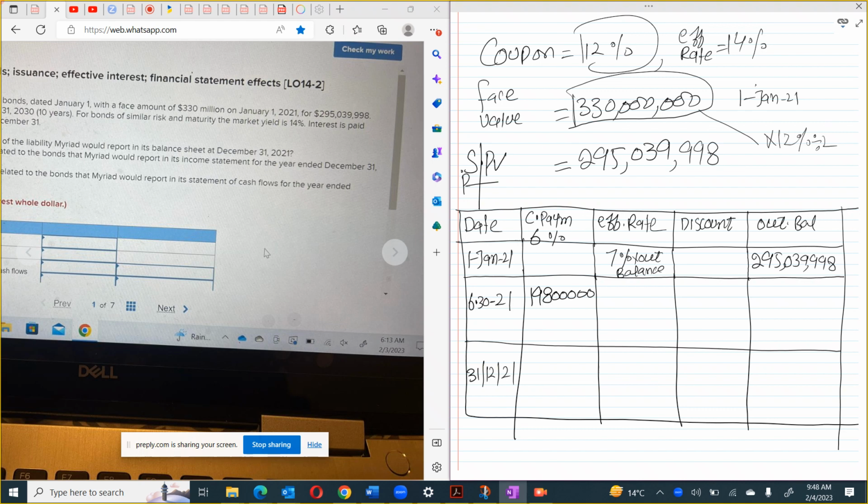Go to your table and find the 2.5% interest rate. Otherwise, you can use this formula: 740,000 divided by 1.025 power 8. This will directly give you the answer.